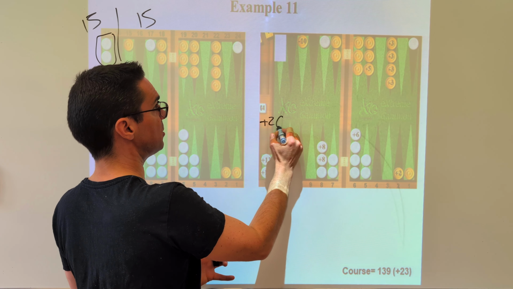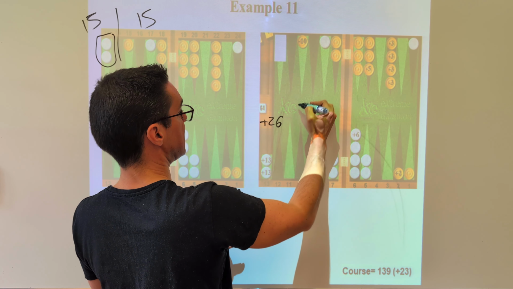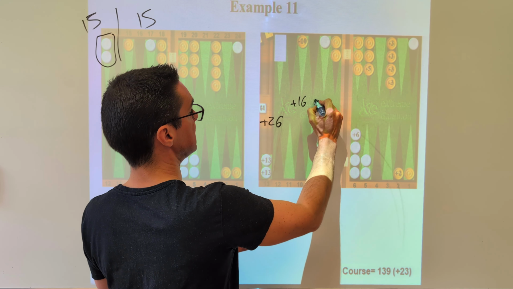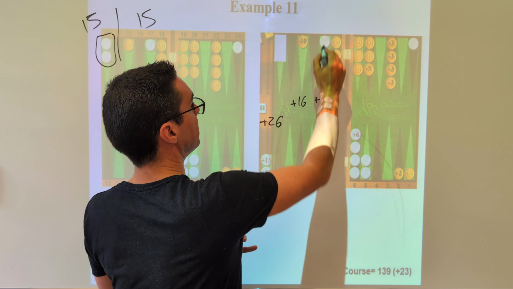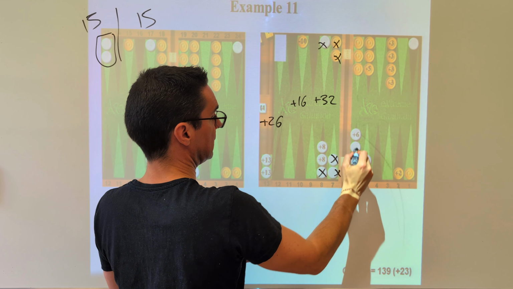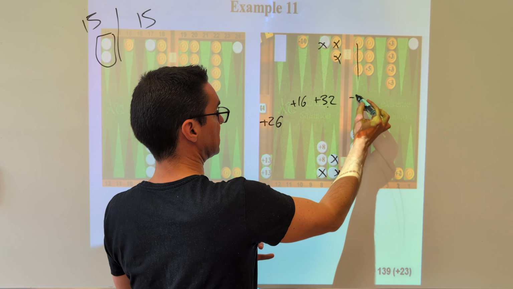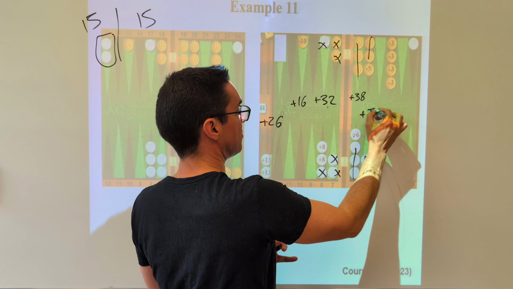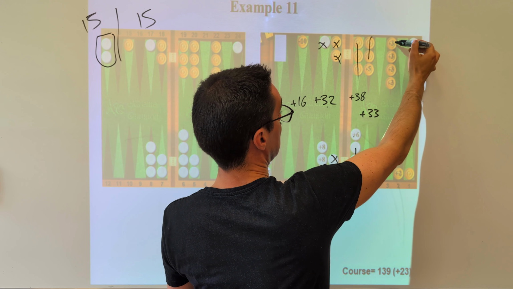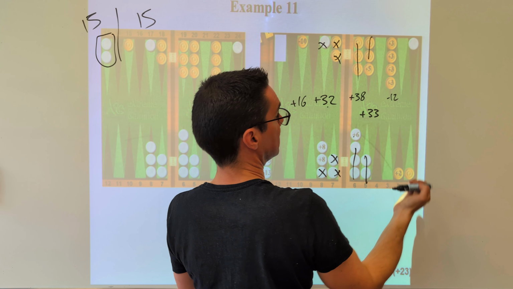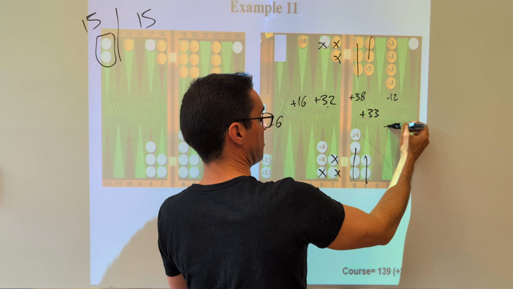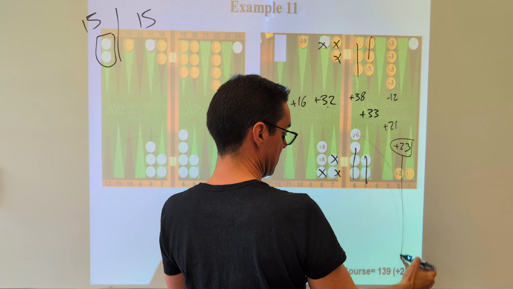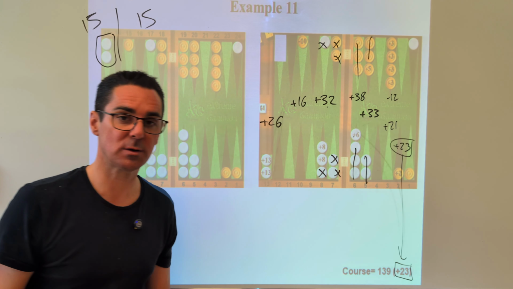Plus 13 plus 13 is plus 26. Minus 10 is plus 16. Plus 8 plus 8 is plus 16 is plus 32. Equality. Plus 32 plus 6 is plus 38. Equality. Minus 5 is plus 33. Plus 33 minus 12 is plus 21. Plus 21 plus 2 is plus 23. You have a deficit pip count of 23.